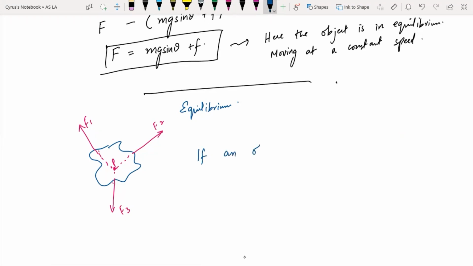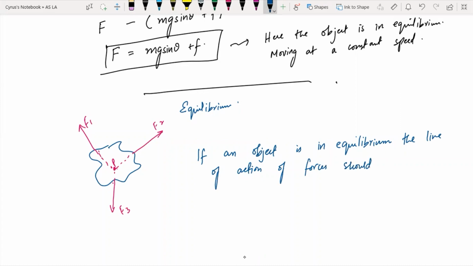So if an object is in equilibrium, what is happening is the line of action of forces should pass through a common single point.